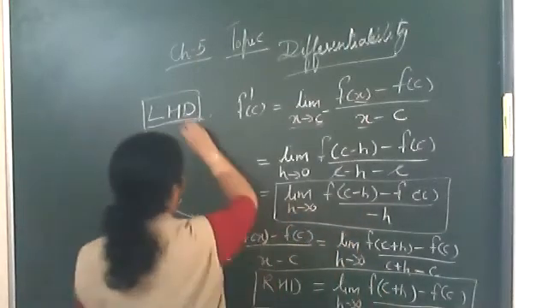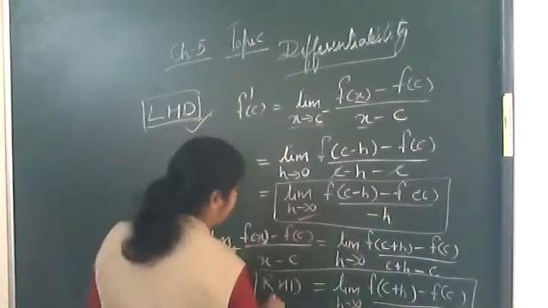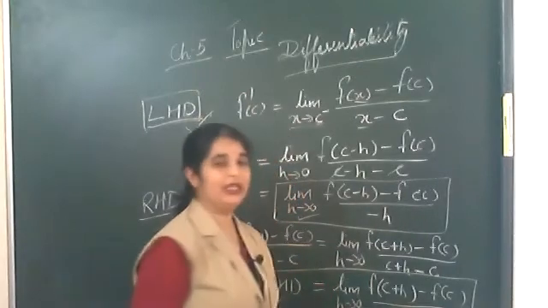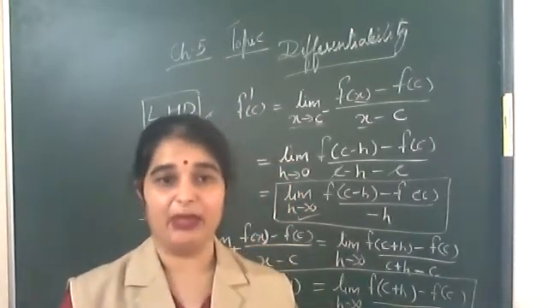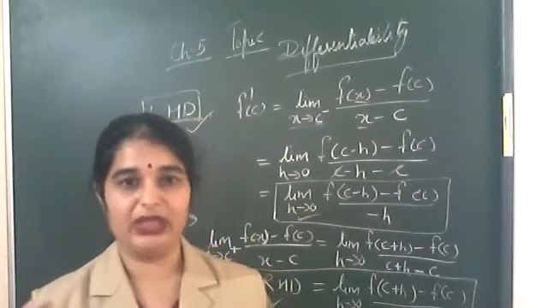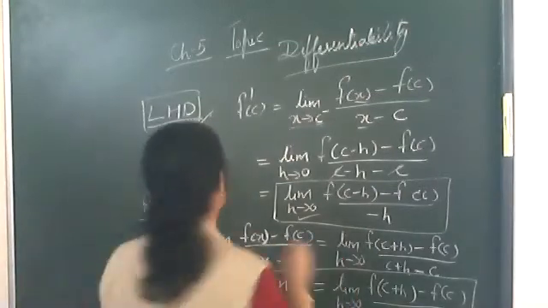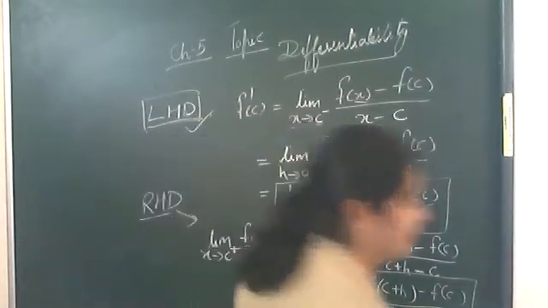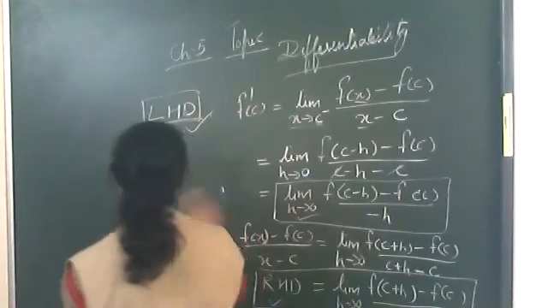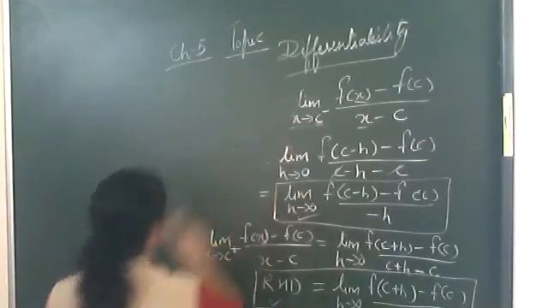So you have calculated LHD this much, RHD this much. Now if these two values for any function are the same as well as finite, what can we say? If you want to write it down, pause the video and copy it down.